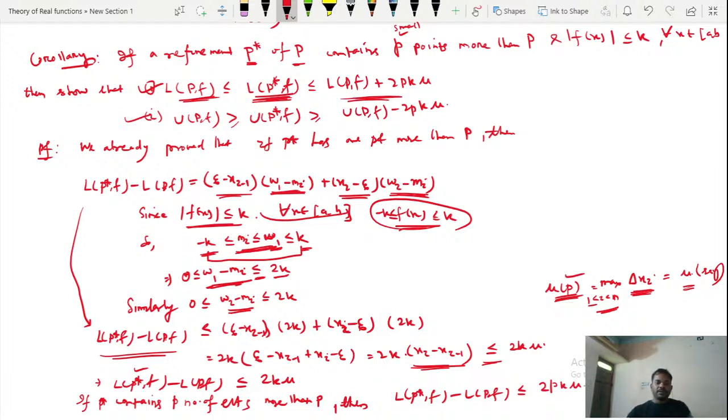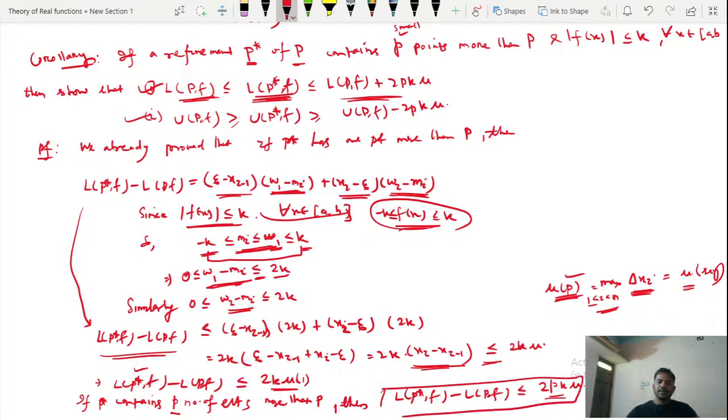If P star contains only 1 point more than P, we multiplied here only by 1, that is written here for only 1 point. So if P star contains small p more points, then small p can be multiplied on the right hand side. So now this is proved.